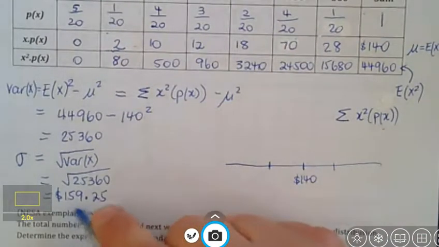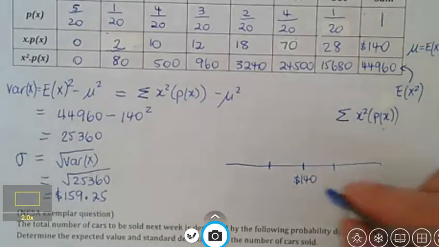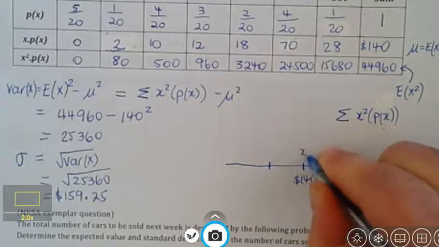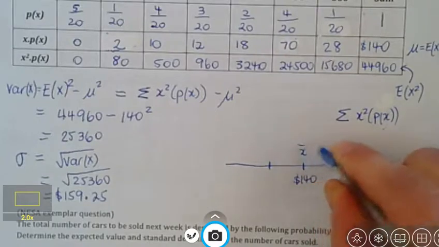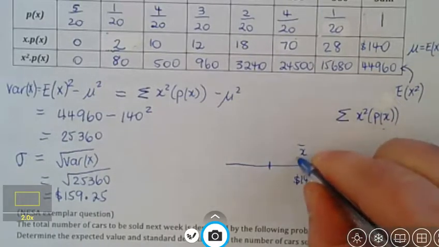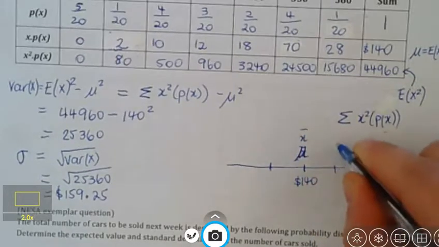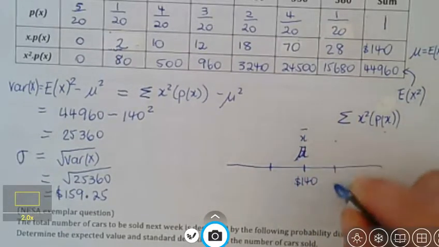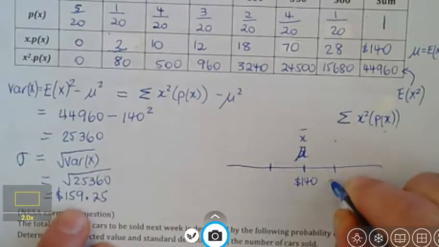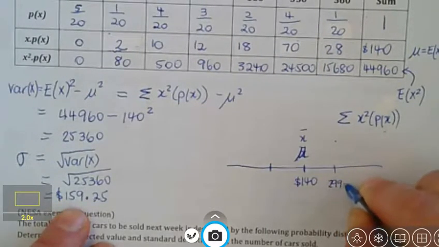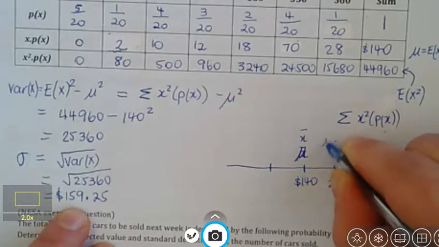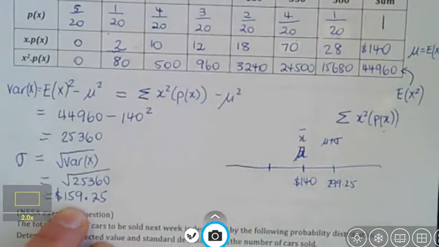If the standard deviation is $159.25, if this is the mean, I'll just go mu or x bar. We then look at the mean plus one standard deviation. So this will be 140 plus 159, which is what? 299.25 will be mu plus one standard deviation above the mean.